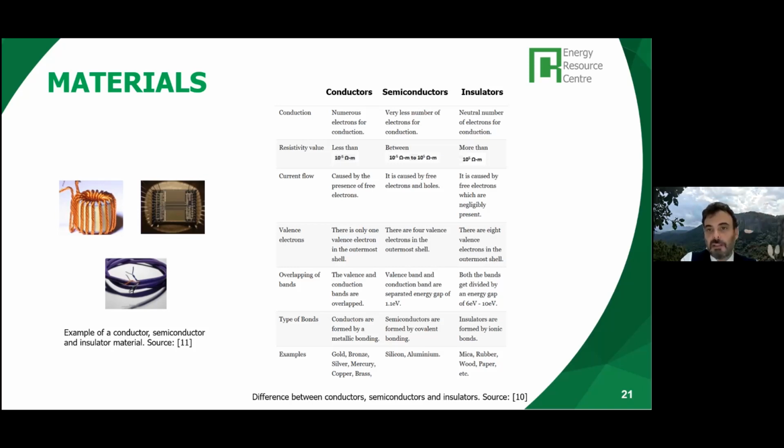Then we have semiconductors, which are less conductive. They have a bit more resistivity than conductors. Okay, and they are also of interest in the PV industry. Tomorrow we will explain a little bit more what is the importance of semiconductors for the generation of the photoelectric effect, mainly silicon.